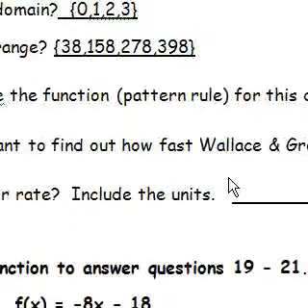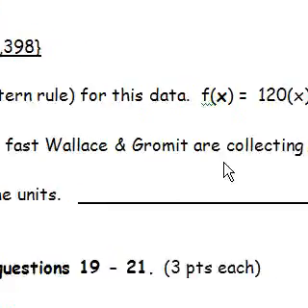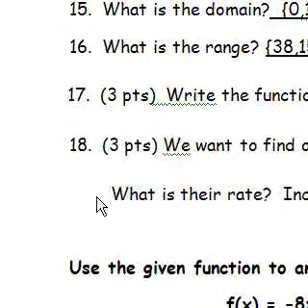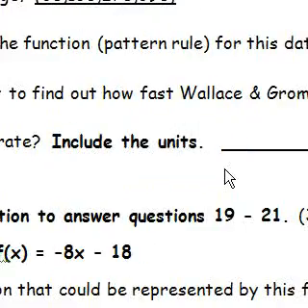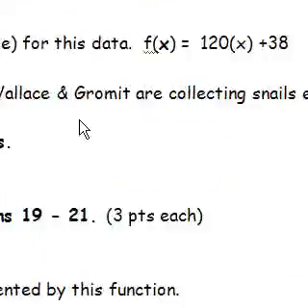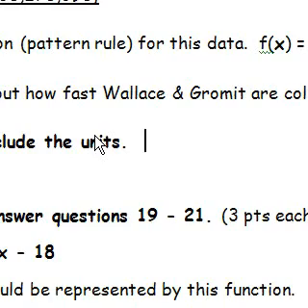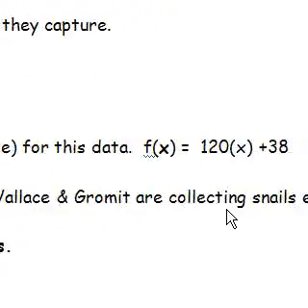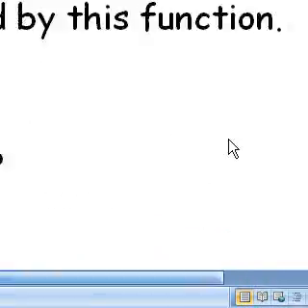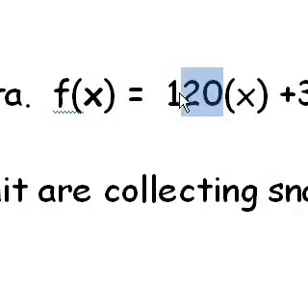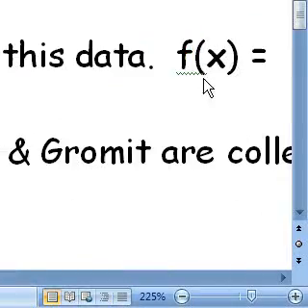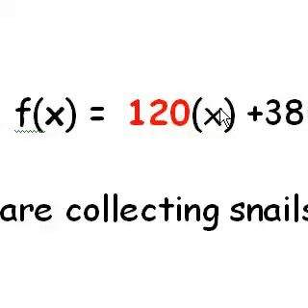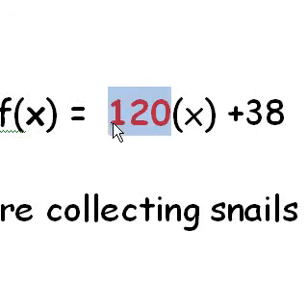And suppose we want to find out how fast Wallace and Gromit are collecting snails each hour. What is their rate? Include the units. That is the key element here, because our rate is meaningless if we don't include what units we're talking about. We can always find our rate by looking at the number that sits in front of the x. That is always our rate. And where do we get this value from?